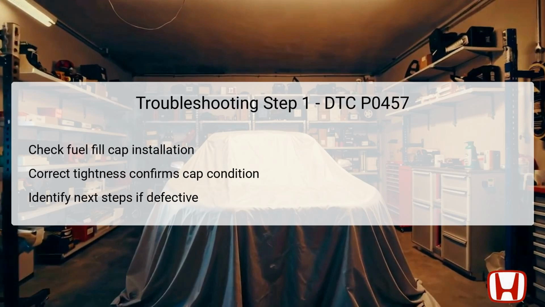The first step in troubleshooting the DTC P0457 involves checking the installation of the fuel fill cap. It's essential to verify that the cap is the correct type for the vehicle and is properly secured. The fuel fill cap should turn approximately a quarter turn after it has been tightened, followed by an audible click to confirm it is sealed.